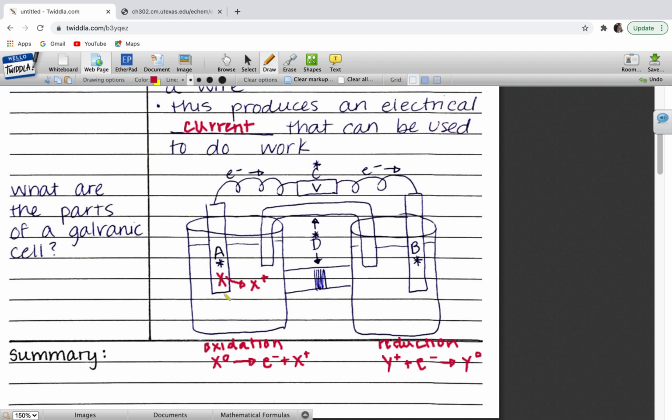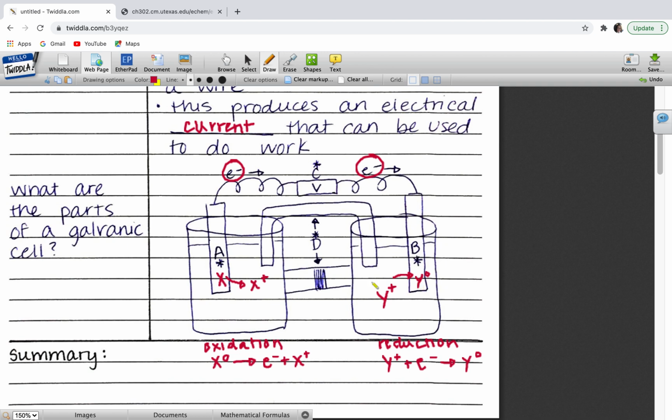And those electrons that are being produced are going to travel across this wire, and they're going to go down this metal strip, right? That's going to conduct that electron. There's going to be a positive ion that's already dissociated over here, and it's going to hook up with that electron, and then that can join up with this electrode here.